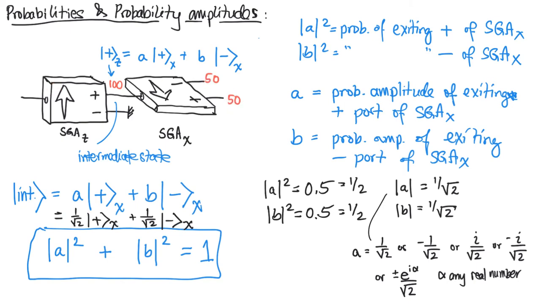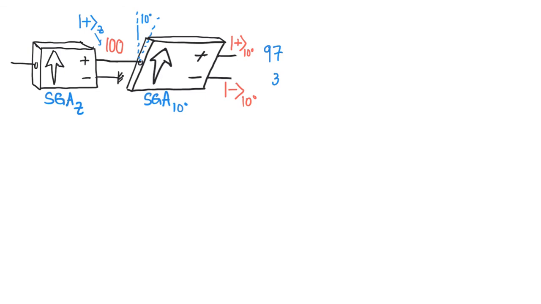Now, if we come to our other experiment, where we have SGAZ followed by an SGA oriented at 10 degrees, we still have this intermediate state, which is plus in the z direction, but that cannot be 1 over root 2 plus 10 and 1 over root 2 minus 10, right? Because the probabilities are not 50-50. So how might we write this down?